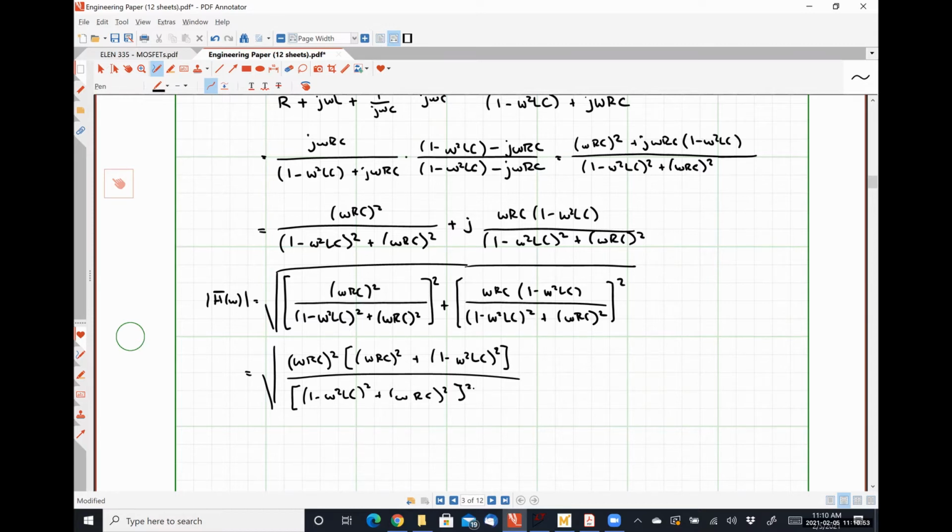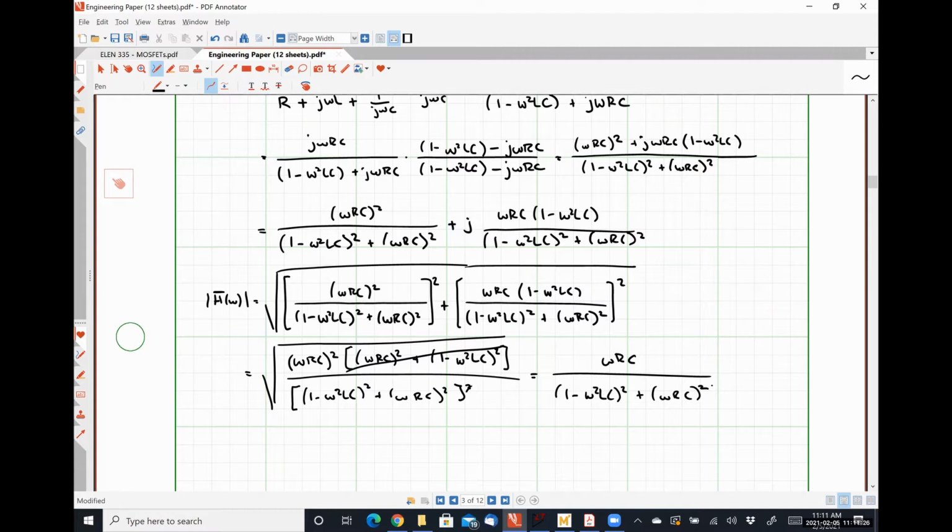We can see that this term exactly cancels out 1 power of that guy. And we are left with omega RC divided by 1 minus omega squared LC squared plus omega RC squared. One point here that I'd like to make: some texts write this slightly differently.